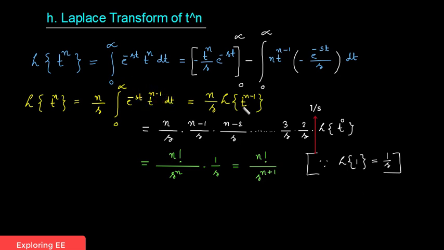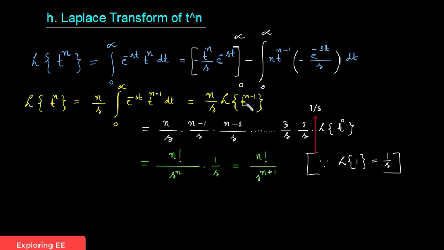Similarly, repeating the process, we can have Laplace of t to the power n equal to n by s times Laplace of t to the power n minus 1, which is equal to n minus 1 by s of Laplace of t to the power n minus 2, and so on.